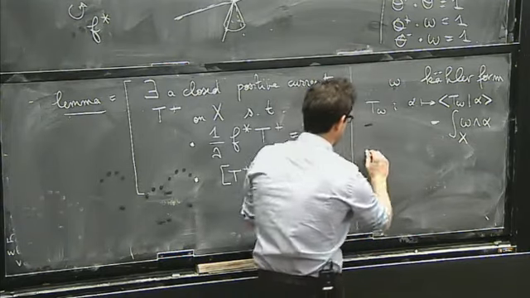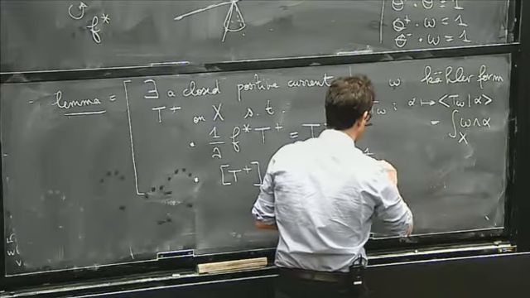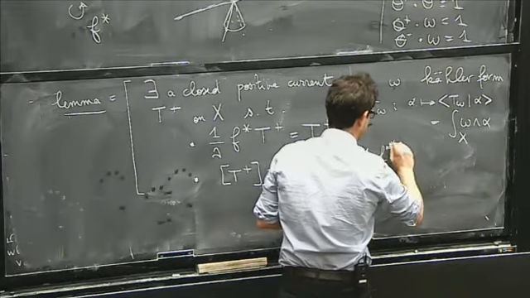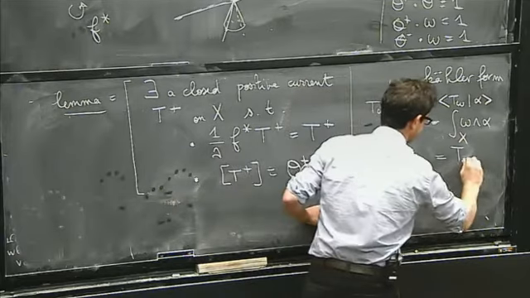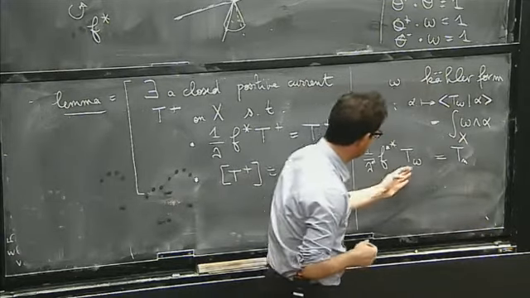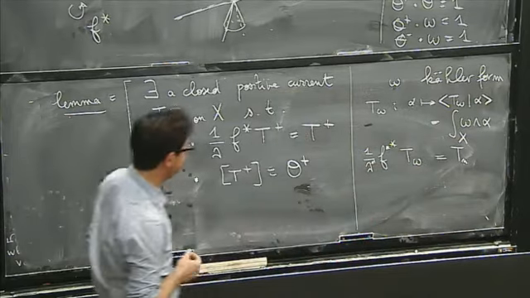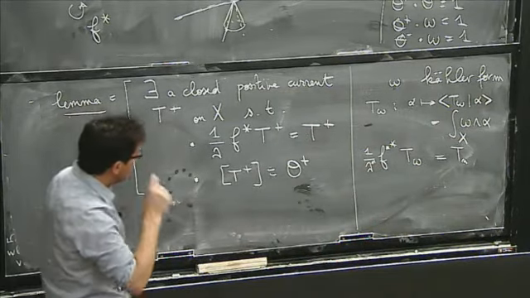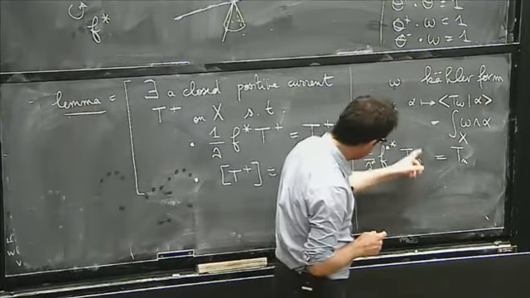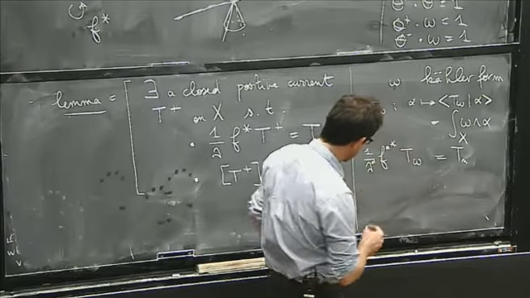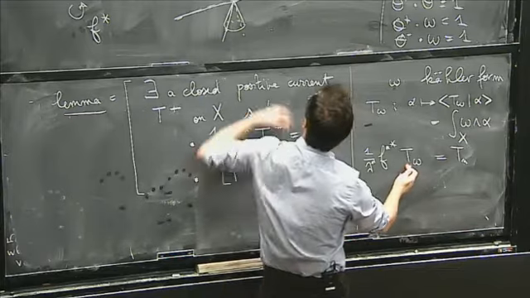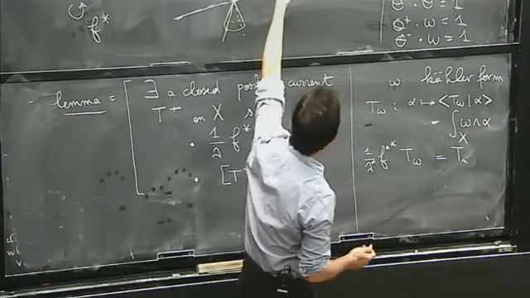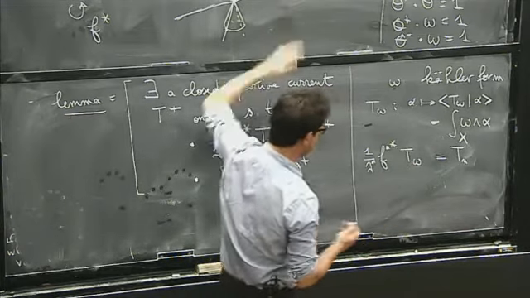So now if you apply 1 over lambda to the n, F n star, to T omega, you get a sequence of currents Tn. All of them are closed and positive because F is holomorphic. But this sequence of currents, if you look at their cohomology classes, you know that the sequence converges to theta plus up to some scalar multiple.